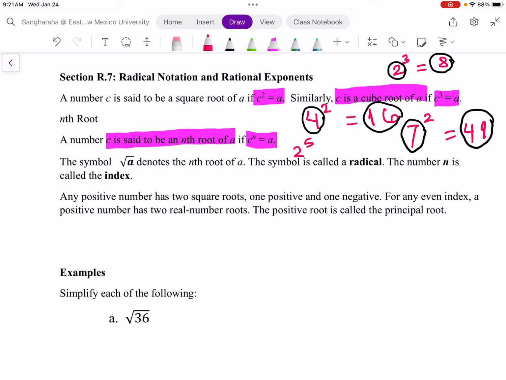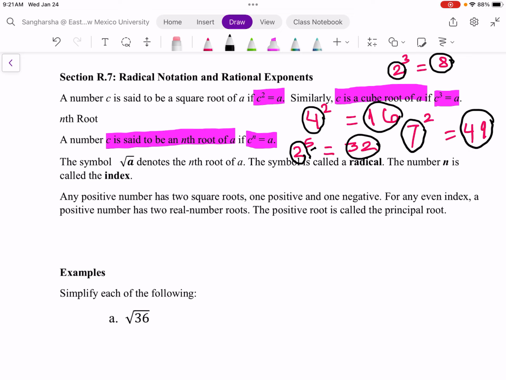What is 2 to the power 5? This is 2 times 2 is 4, times 2 is 8, times 2 is 16, times 2 is 32. So 2 to the power 5 is 32. So here 2 is the fifth root of 32. If you find the fifth root of 32, we get 2.